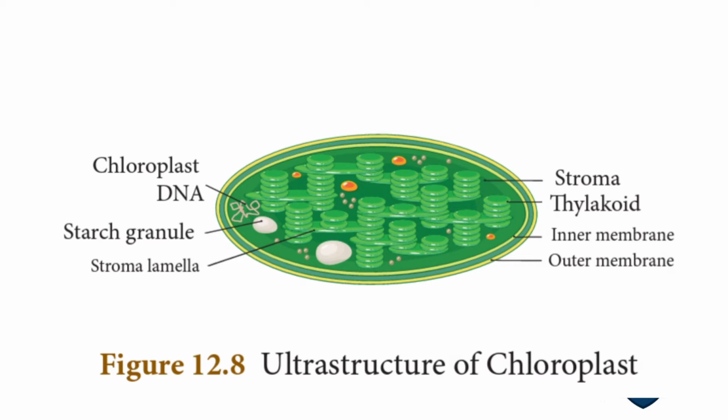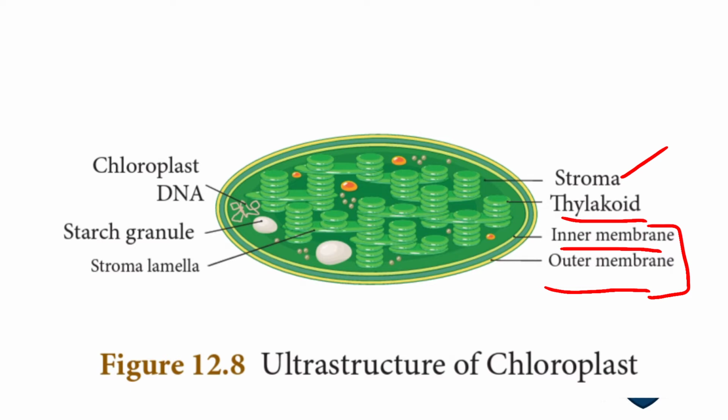Based on this diagram I will explain. You can see the outer membrane and inner membrane. They are collectively known as the envelope. And you can see a thylakoid, and inside the membrane there is a green part called stroma.